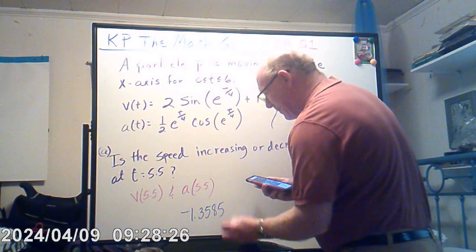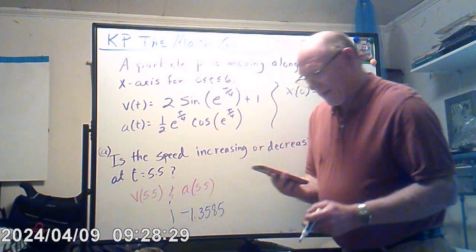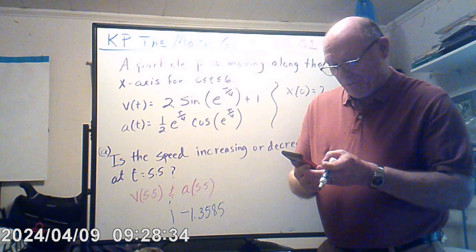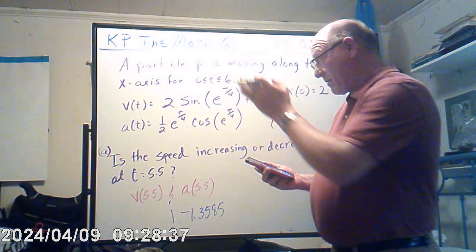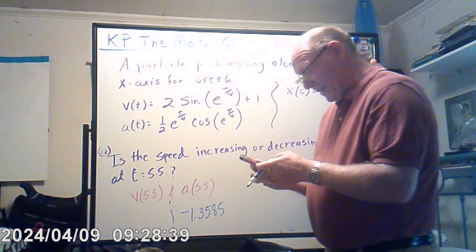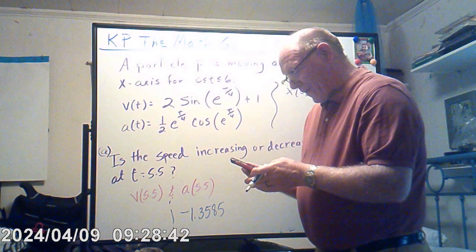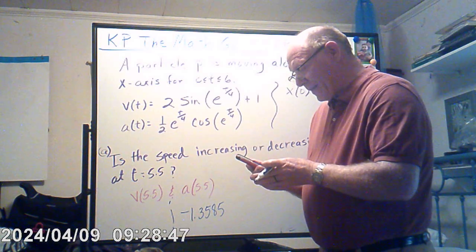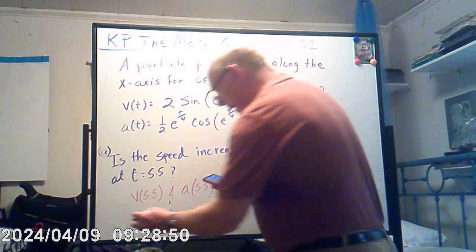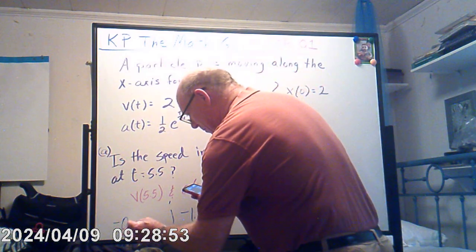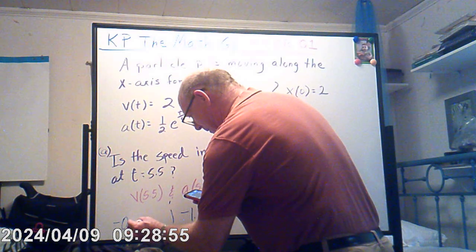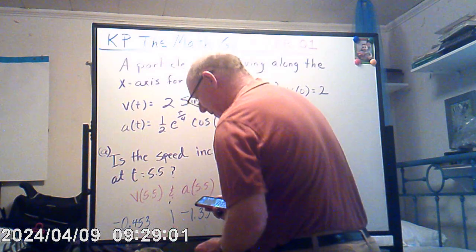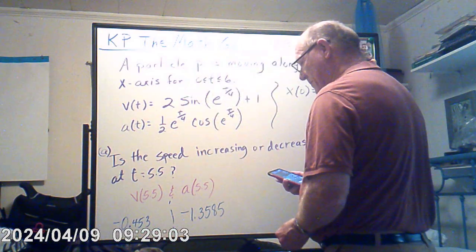You might want to write that one down. Then again, alpha, y var, this time y1, which gives me my velocity, still at 5.5. Close parentheses and enter, and that's another negative number, negative 0.453.